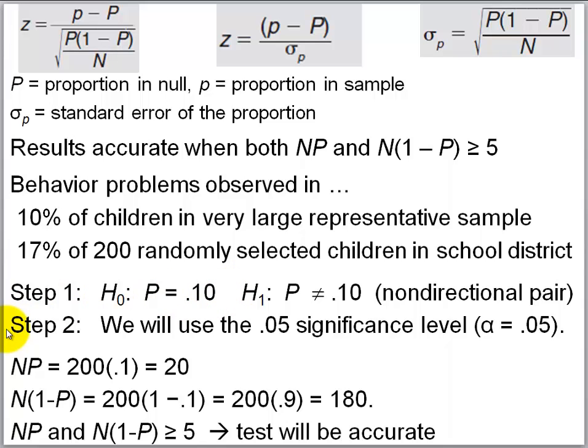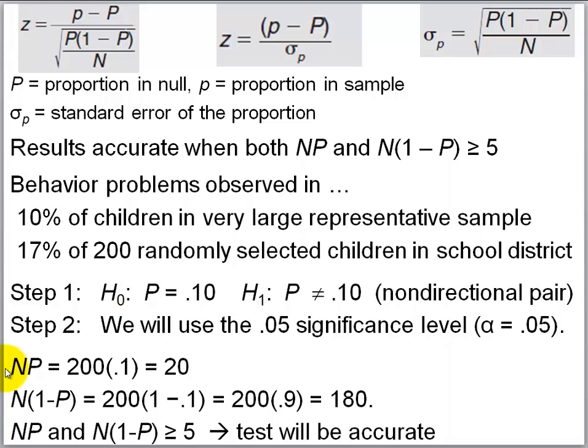Step 2 is the selection of a significance level, and we will set alpha to 0.05. That is to say, we will use the 0.05 level. So the next thing to do is see whether our sample size guidelines are met. In essence, we need to see whether both n times p and n times 1 minus p are greater than or equal to 5.